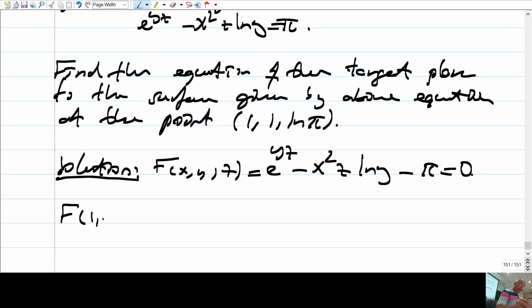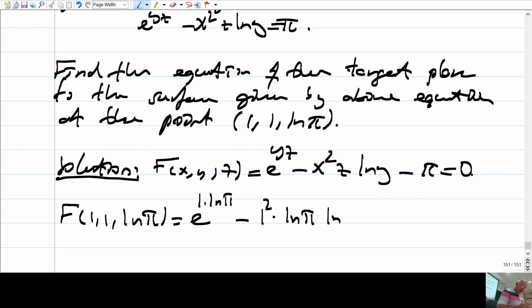Note that 1, 1, ln pi is a solution of this, because this is e to the power 1 times ln pi minus x square z ln y minus pi. x square is just 1 square, z is just ln pi, and ln 1 is just 0, so this is just e to the power ln pi minus pi.